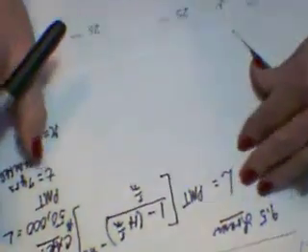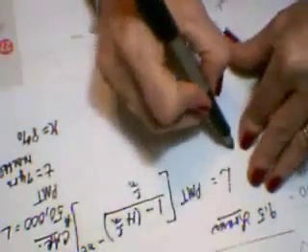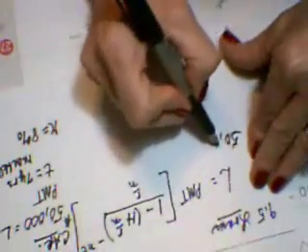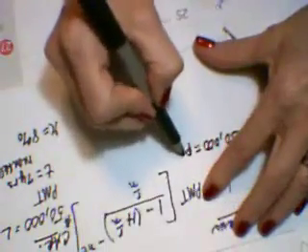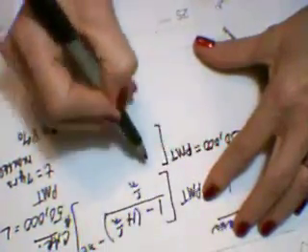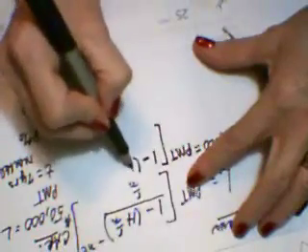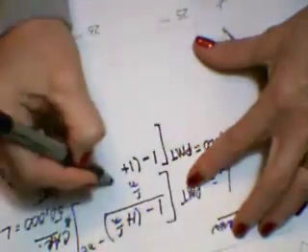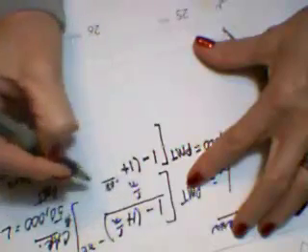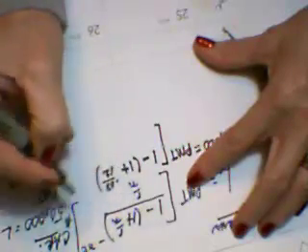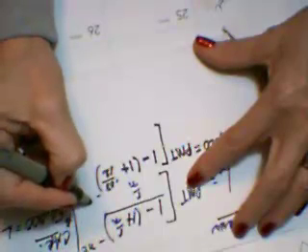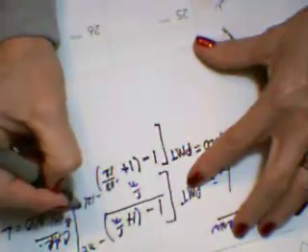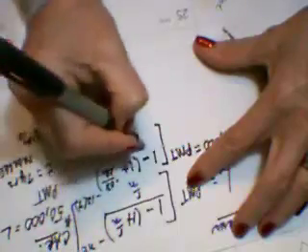So to calculate your payment, we're going to borrow $50,000. Our rate of interest is 8% compounded monthly. And we're going to use the money for 7 years.